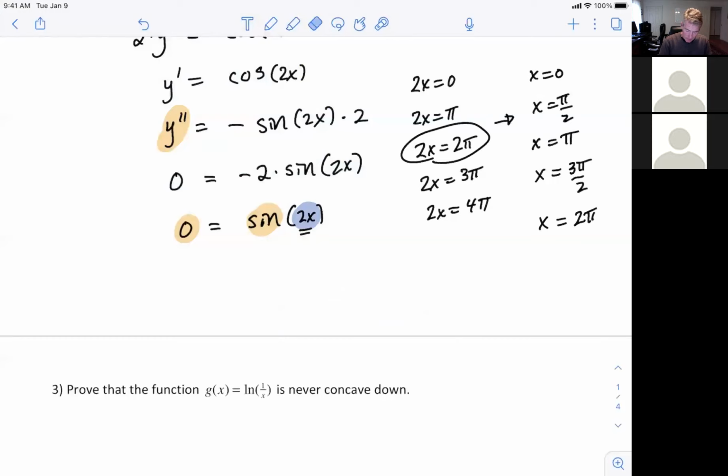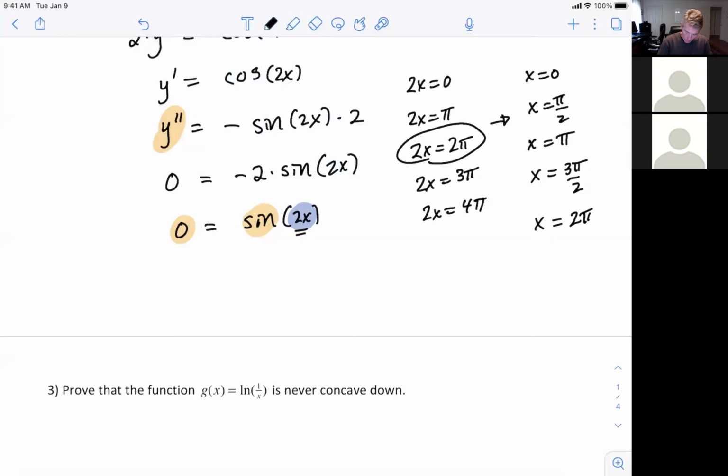And then what I like to do is put them on a number line, or at least just put them in order. So let's say this is 0, this is 2 pi, in the middle would be pi, right here's pi over 2, and right here's 3 pi over 2.